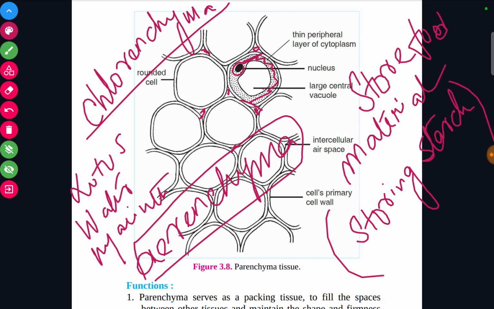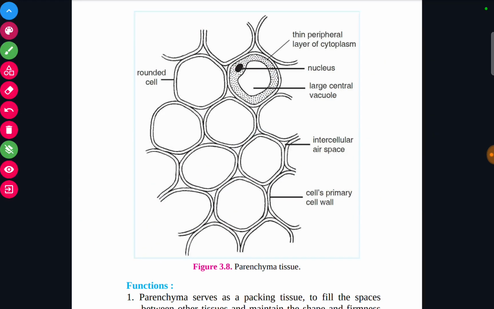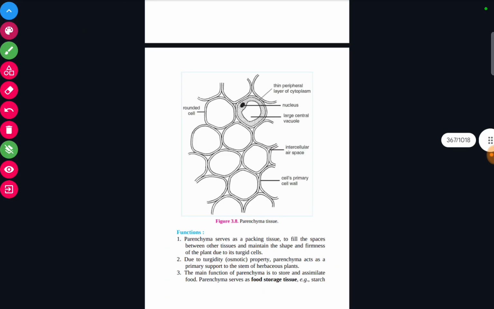So there are three very broad functions of parenchyma. One is storage of food material, like starch stored in the plant body. Second is chlorenchyma, which contains chlorophyll, as in the leaf, for the manufacture of food. And the third gives buoyancy to the plant body. This is the broad division of parenchyma.